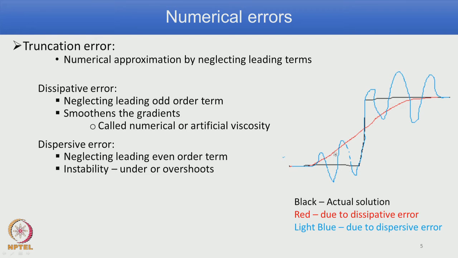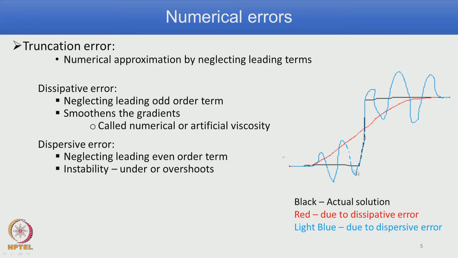It connects very smoothly without any problem. Of course, you can increase the leading term. For example, instead of the first term you can take the second term or third term, then you may have a slightly improved solution, but still it never captures the peak. That is a property associated with the dissipative error.